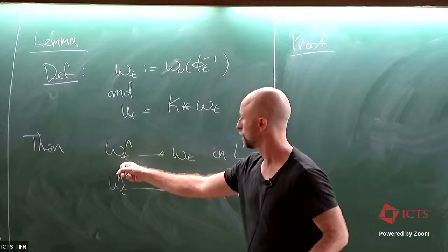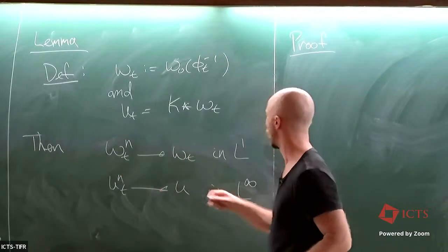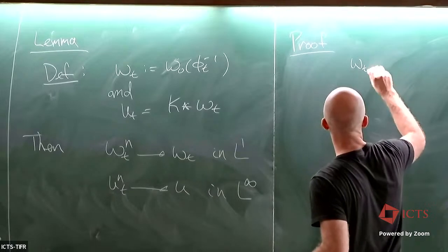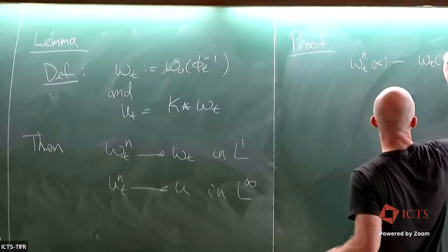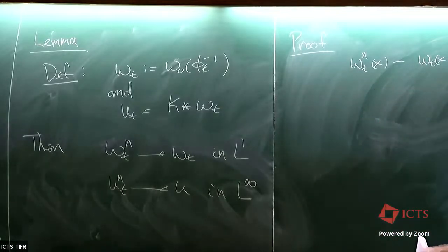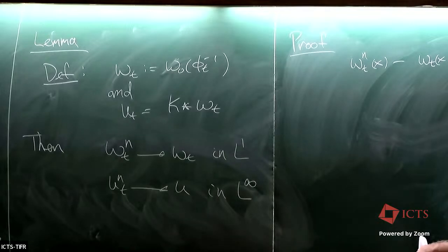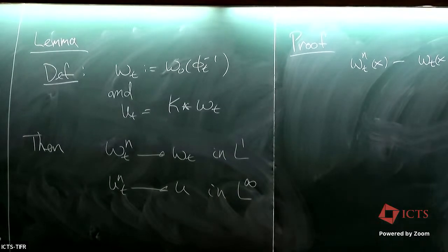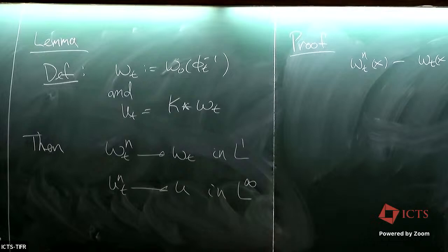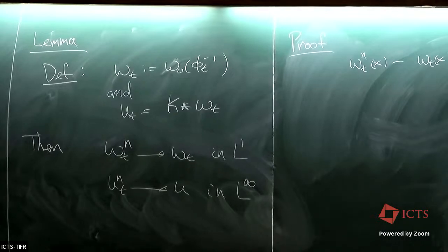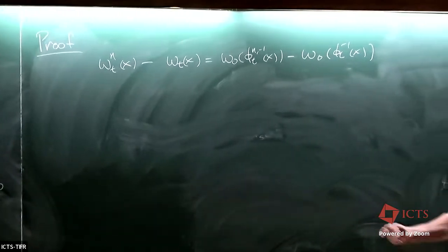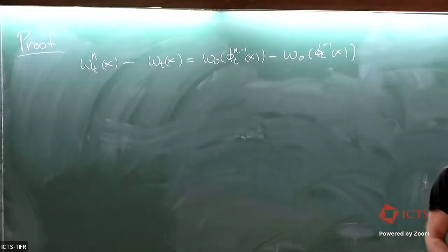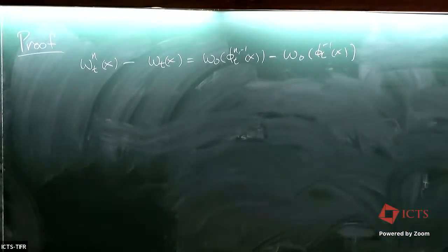Right, so we want to prove first that omega n converges to omega. By definition, it's just the inverse flow. So it seems plausible, at least, that it should converge, right? Because we know that this one is converging to this. The only problem is that omega naught might not be continuous. That's the only problem.